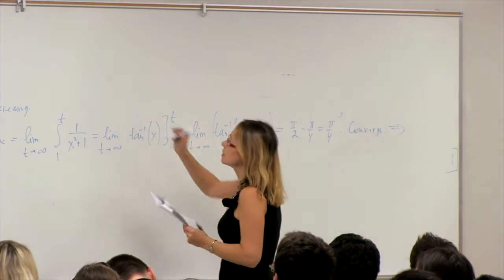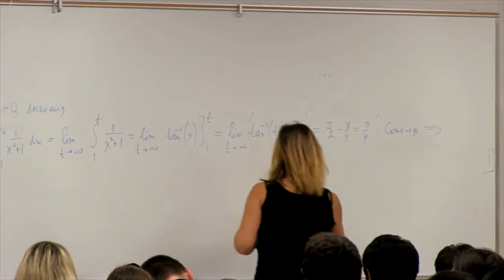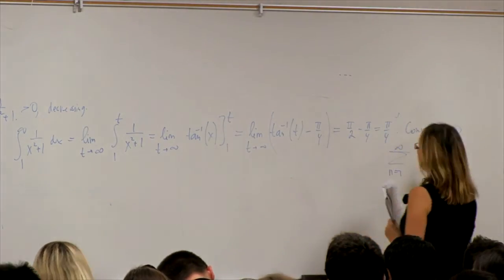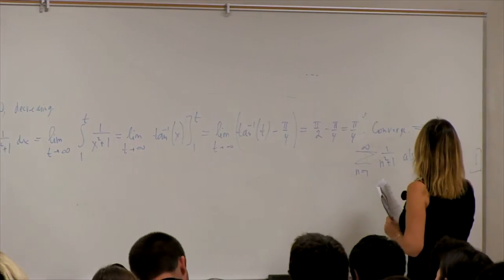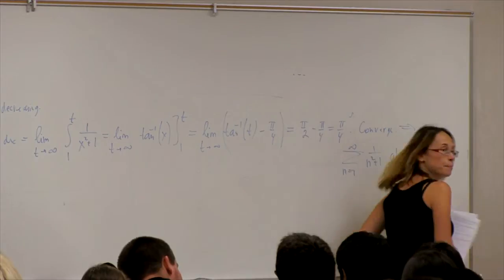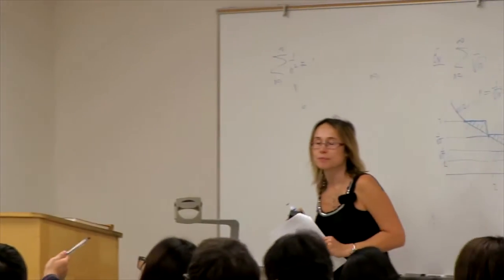We can say that the series behaves in the same way. So we can say that the series 1 over n squared plus 1 also converges. Okay? Questions? Question? Just for that. Uh-huh.